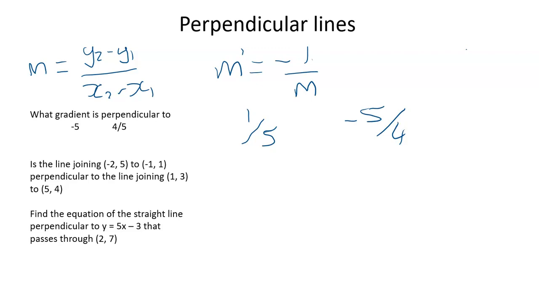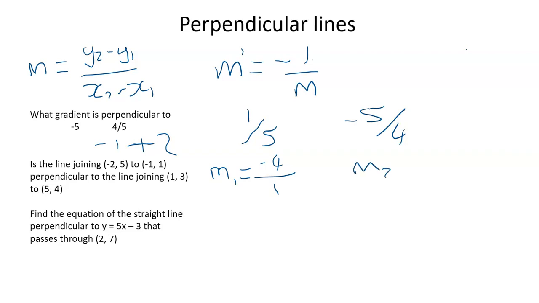So the gradient for the first one, let's say m1, is 1 take away 5, which is minus 4, over minus 1 take away minus 2. Be careful, minus 1 take away minus 2 is actually a plus, because it's a double negative. So that is minus 4 over 1, or just minus 4.